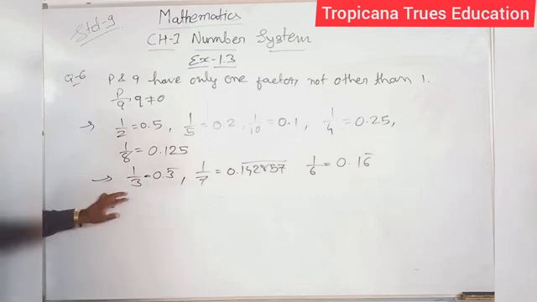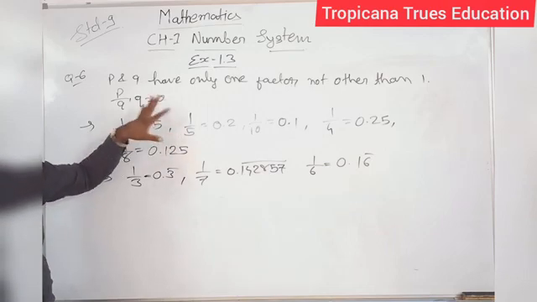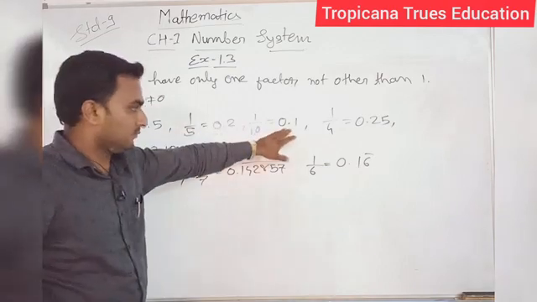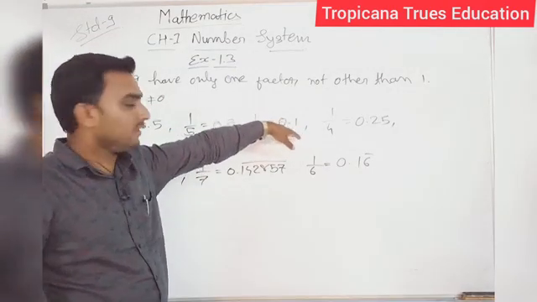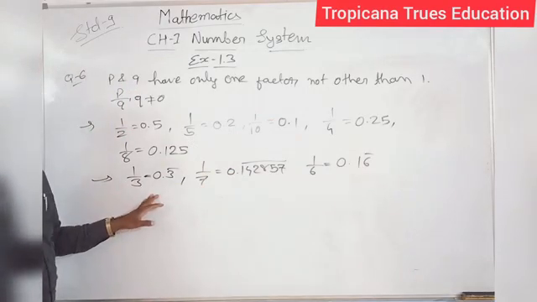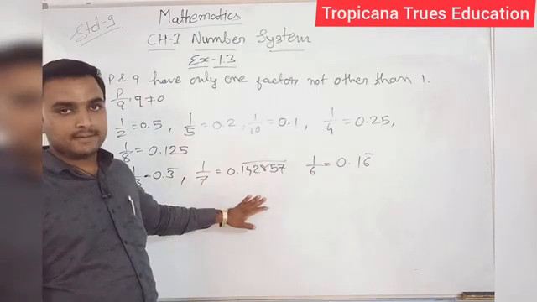Clear? So that's why we can say that when we divide by a number whose factors are only 2, 5, or any of them, then the answer will be terminating. And when no 2 or 5 comes in the denominator, then the answer will be non-terminating. Clear?